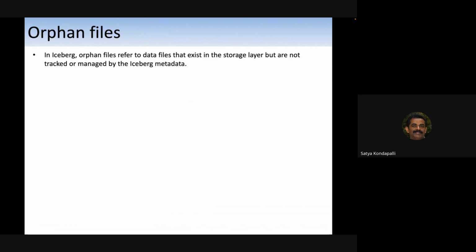Orphan files refers to data files that exist in the storage layer but are not tracked or managed by Iceberg metadata. That means they are not there in the manifest file. These are files that have been added to the storage location directly, bypassing Iceberg control.